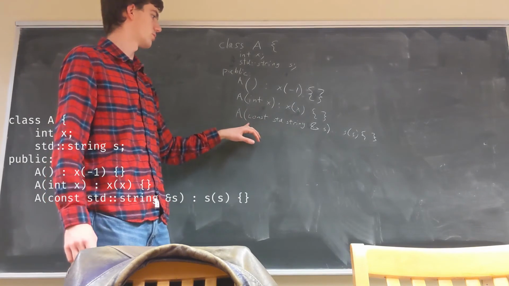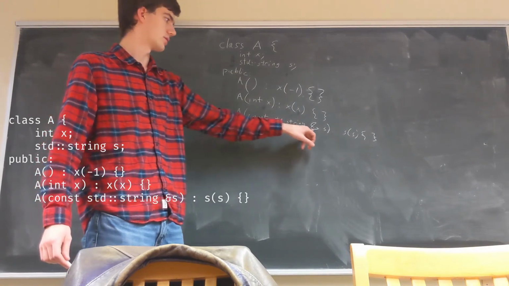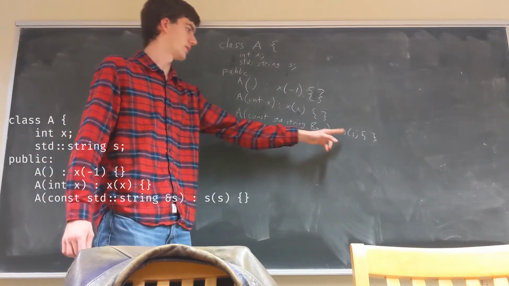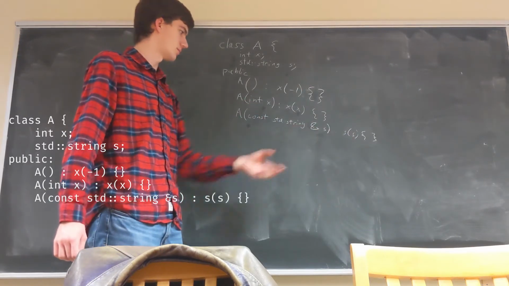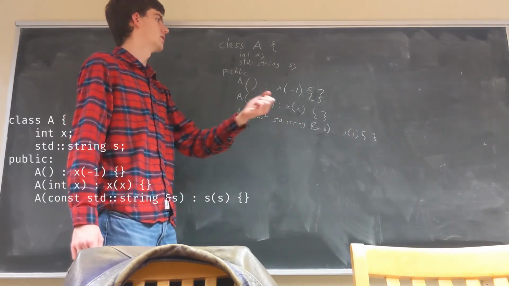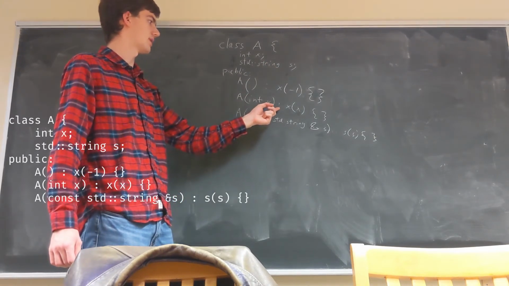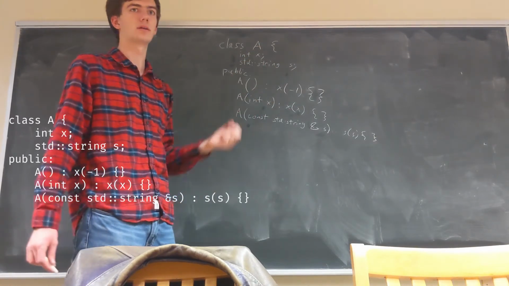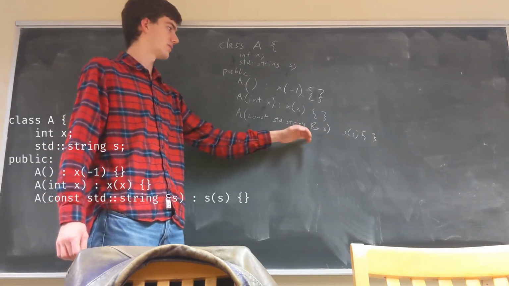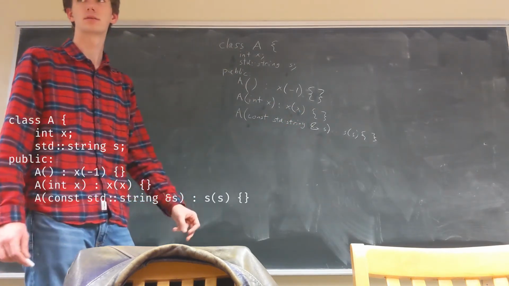If this constructor was invoked, so this is a const reference to a string, and we're initializing s based on that. So basically we're passing a string in and initializing s to be that, exactly the same as here we're passing an int in and initializing x to be that. That make sense? After this constructor, what's x?